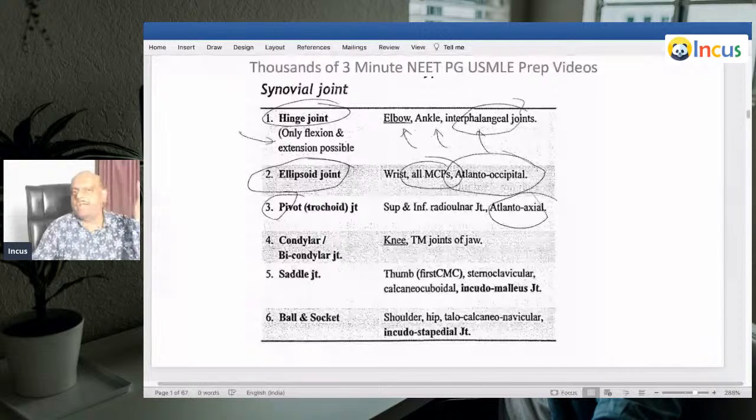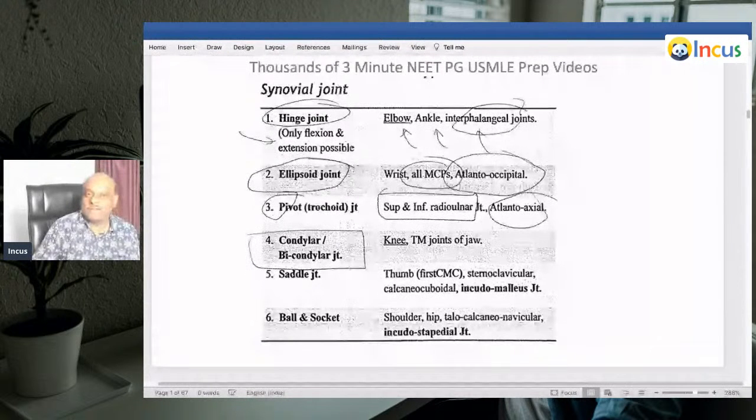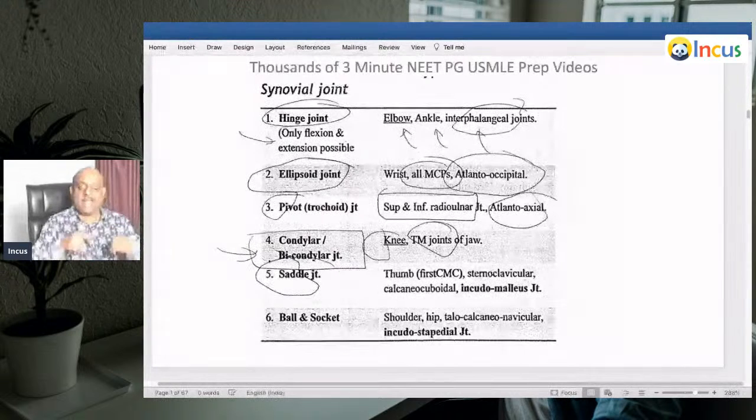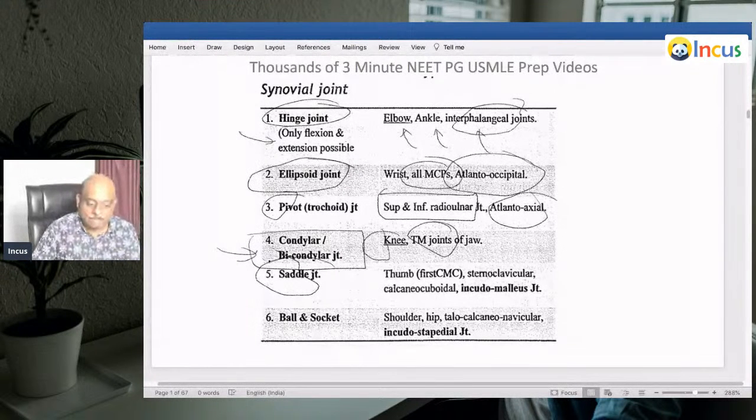Then condylar or bicondylar joint: knee and temporomandibular joint of the jaw. Saddle joint, like horse riding: the thumb, that is the first carpometacarpal joint, is saddle.